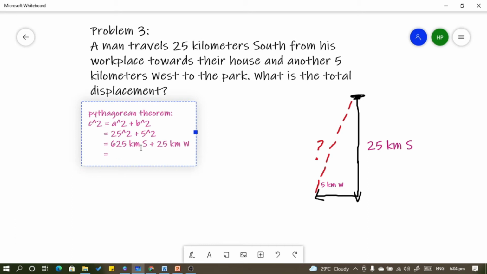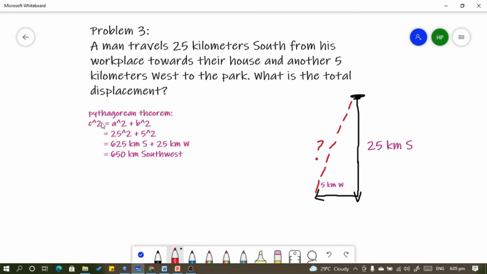625 plus 25 is equal to 650 kilometers southwest. Now, is this the final answer? No, this is not the final answer. We're still going to get rid of the square here.